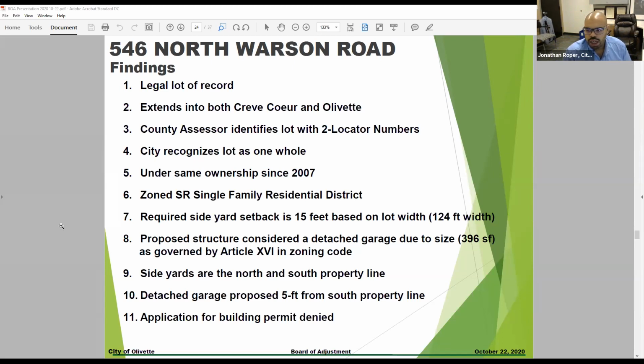The second property, abutting where the greenhouse was, if you recall, did send a letter not in favor of this.